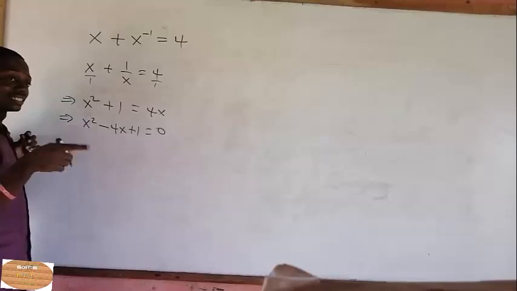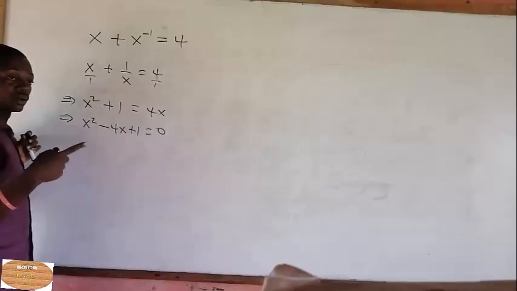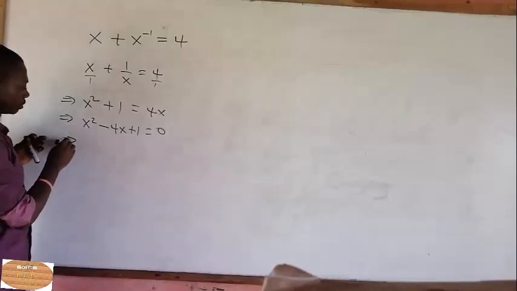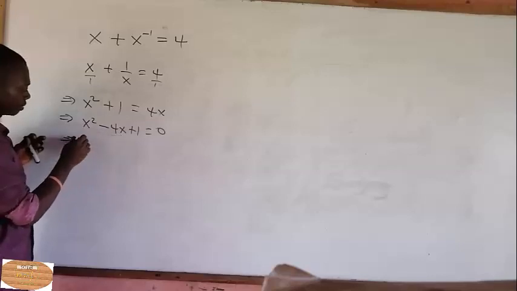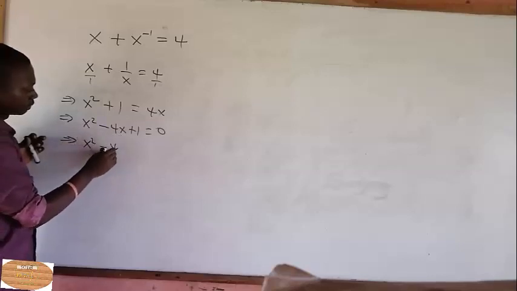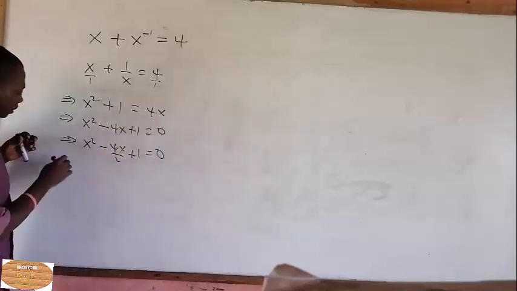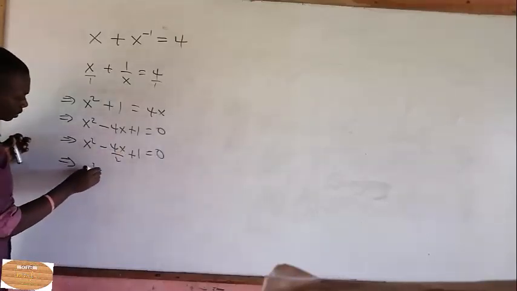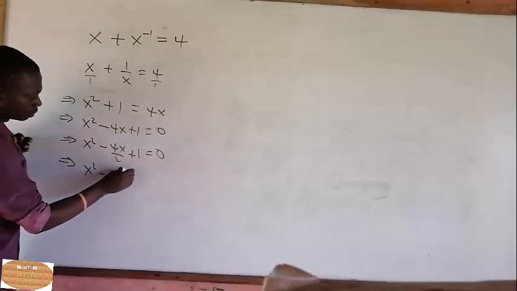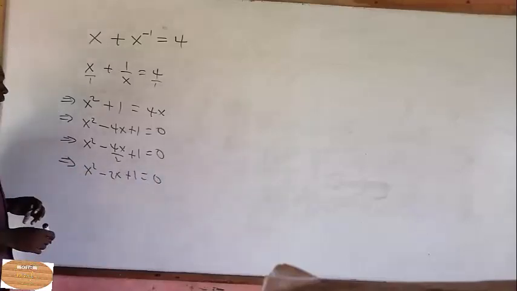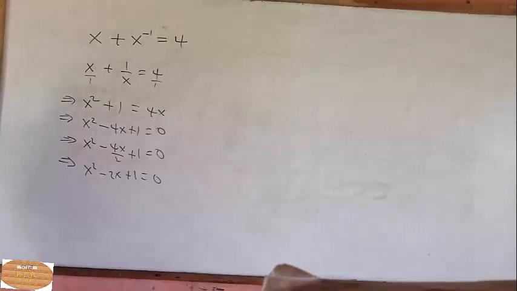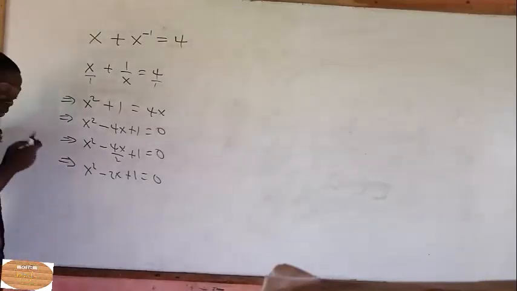The next thing is to divide the x term coefficient by 2. So we are going to divide this by 2: x squared minus 4x over 2 plus 1 is equal to 0. So we have x squared minus 2x plus 1 is equal to 0. The next step is to reduce the powers of x by 1.